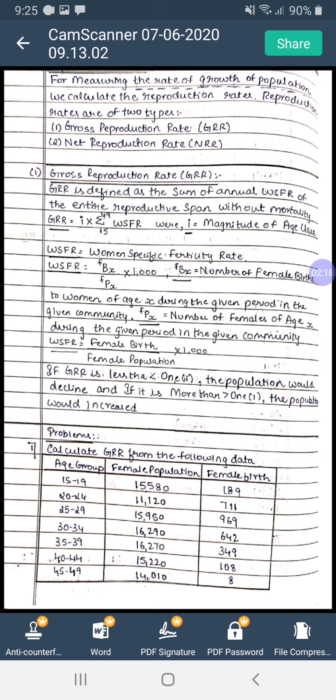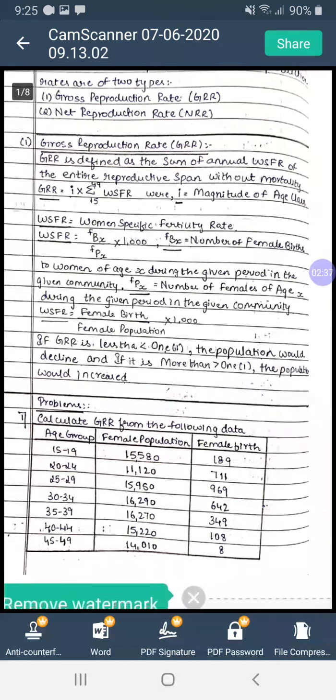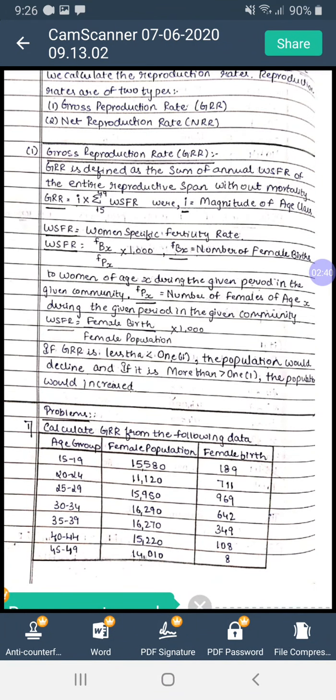WSFR is the women's specific fertility rate, calculated as bx to the power of f divided by px to the power of f into 1000, where bx stands for the female births to women of age x during the period in the community, and px to the power of f is the number of females of age x during the given period in the community.